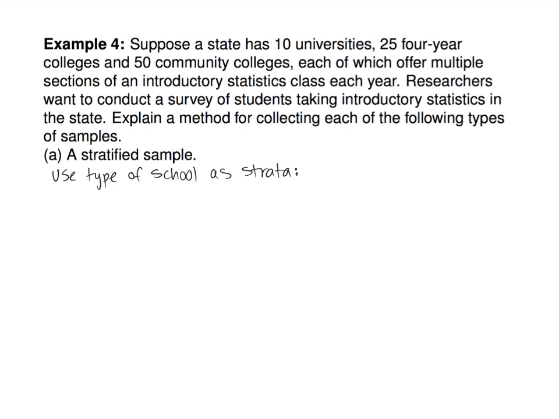Specifically, that is university, which usually includes some kind of graduate studies, like a master's degree or PhD program; 4-year colleges, that's only undergraduate; and community colleges.